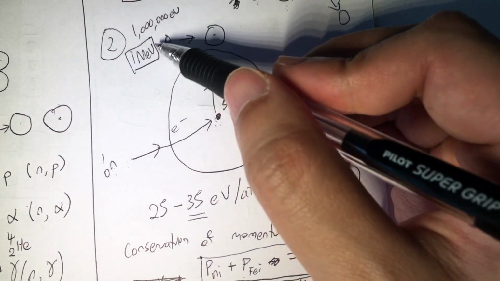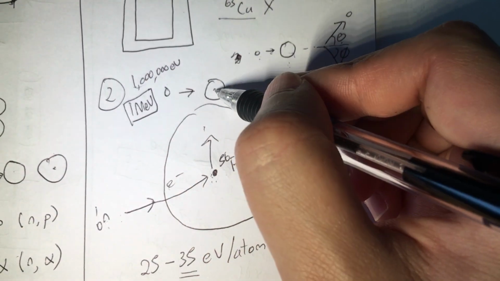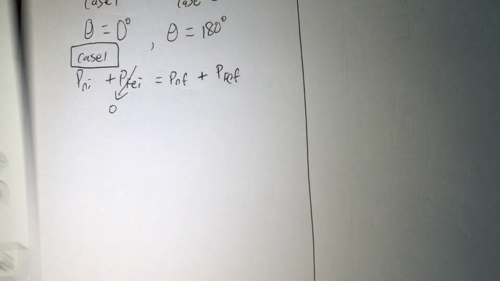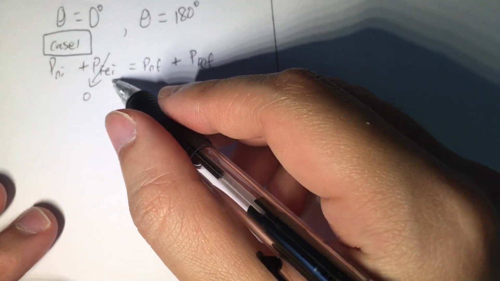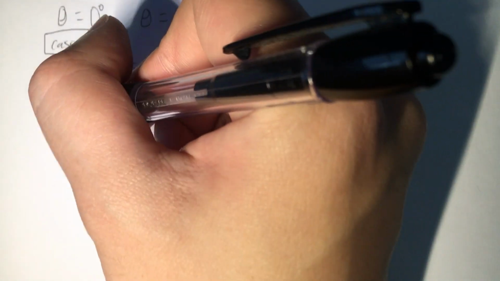So compared to this 1 MeV, whatever temperature the iron atom has doesn't matter at all. So the kinetic energy and the momentum of the iron atom initially are pretty much 0.